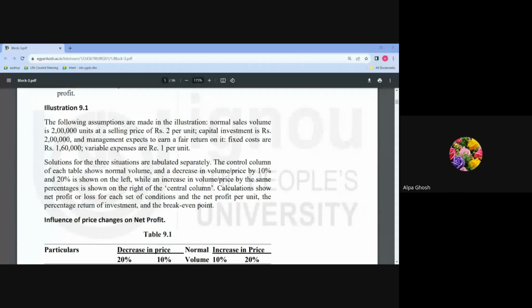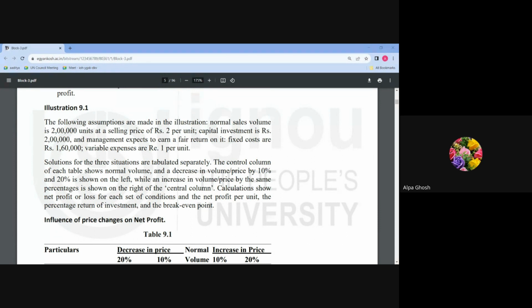So when it is 2 rupees per unit, in the first case they are saying there is a decrease of 20% in the price, not only in the price but in the volume also. So first we are going to see how it is affecting the price. If there is a decrease, that means it will be less than 2 rupees.